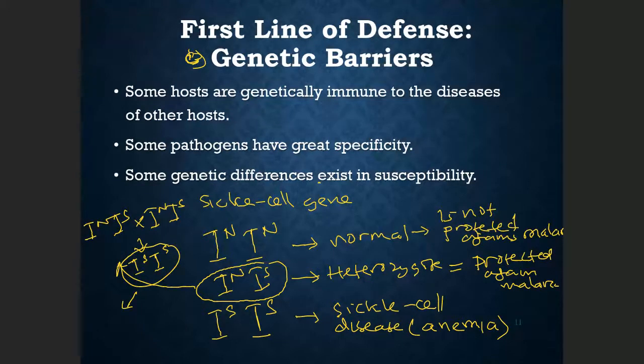These children will have the disease called sickle cell anemia. So sickle cell anemia is mostly present in African American people because their parents or forefathers who came from African countries carried this sickle cell gene with them.